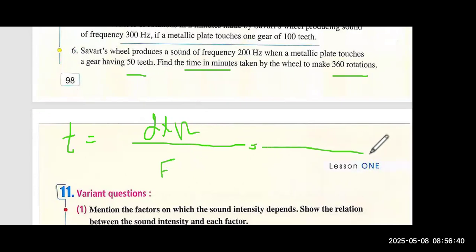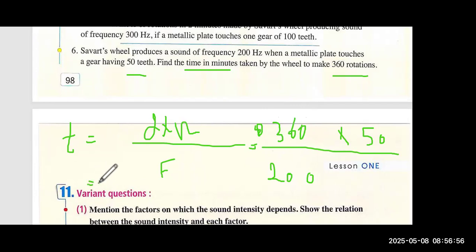I will make the frequency 20 hertz and the number 50, and D is 360. You can find the time.